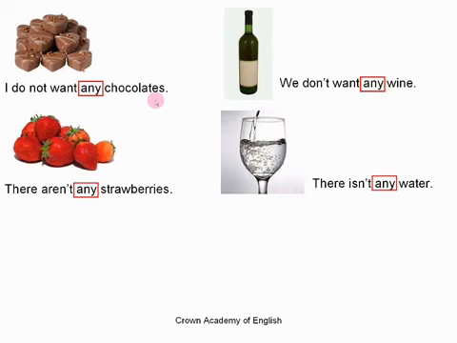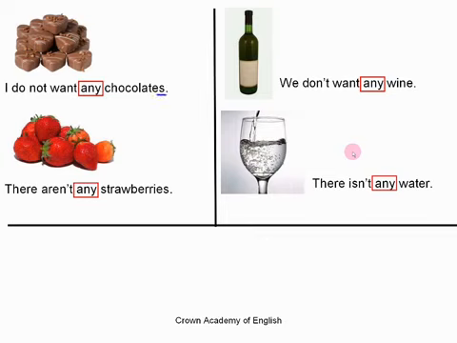And if you look at the sentences, they are all in the negative. Do not want. We don't want. There aren't any. There isn't any. Okay? So we use the word any for negative sentences.